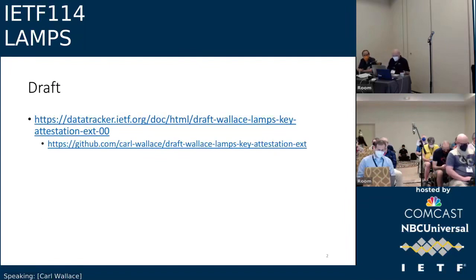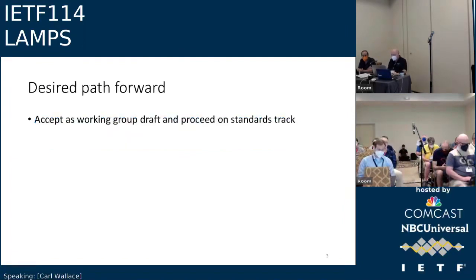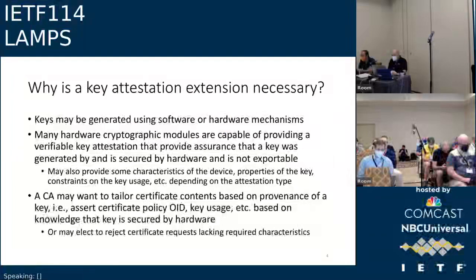So here's a link to the draft for those who haven't read it, and a link to the editor's copy. I don't think there have been any changes since the 00. What we want is to have this accepted as a working group draft and proceed on standards track. Why is it necessary?